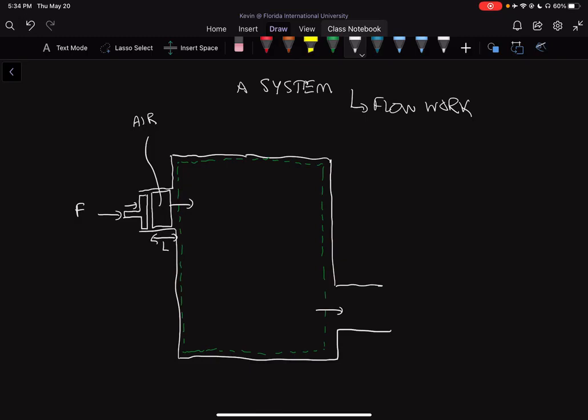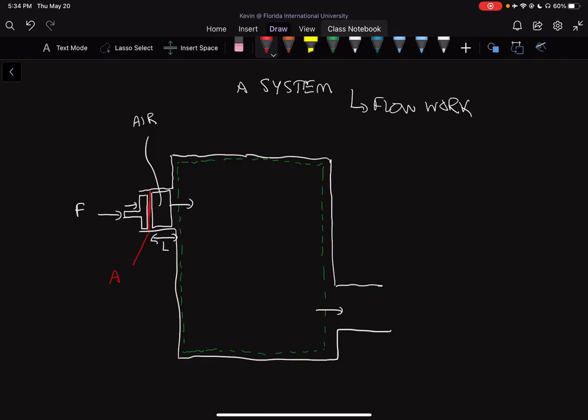We also know that this system has a cross-sectional area A. So there's a force pushing this air through an area A and through a length L.